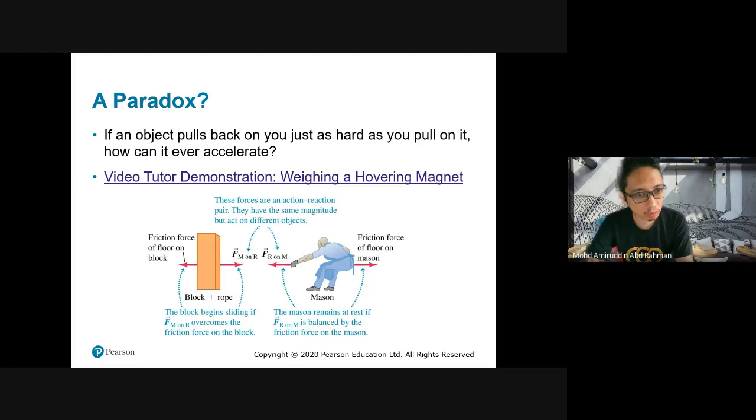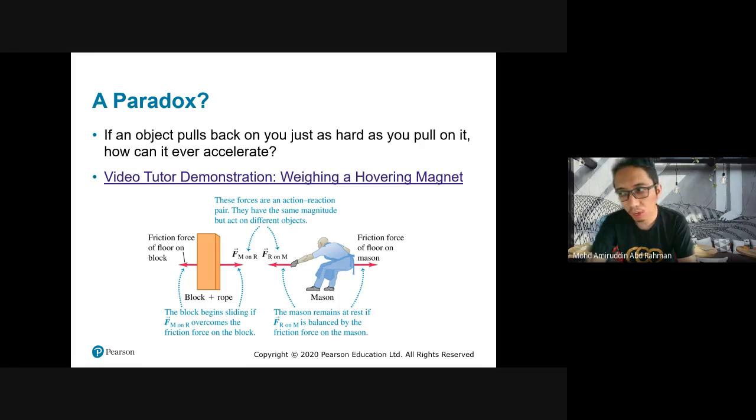Okay, so the mason remains at rest if F R on M is balanced by the friction force on the mason. It is only moving when F M is bigger than F R on M. So the block begins sliding if F M on R overcomes the friction force on the block.